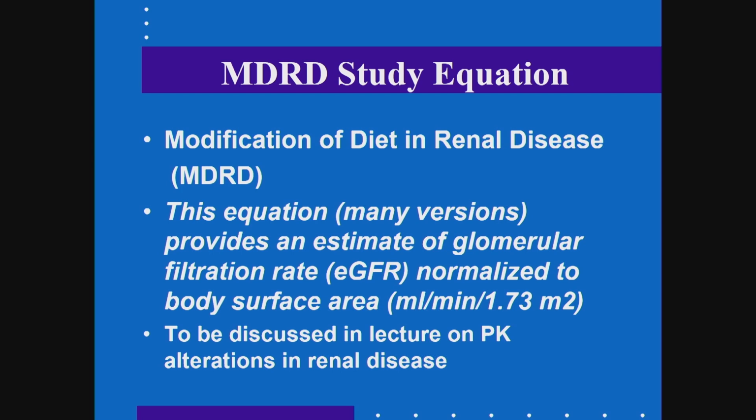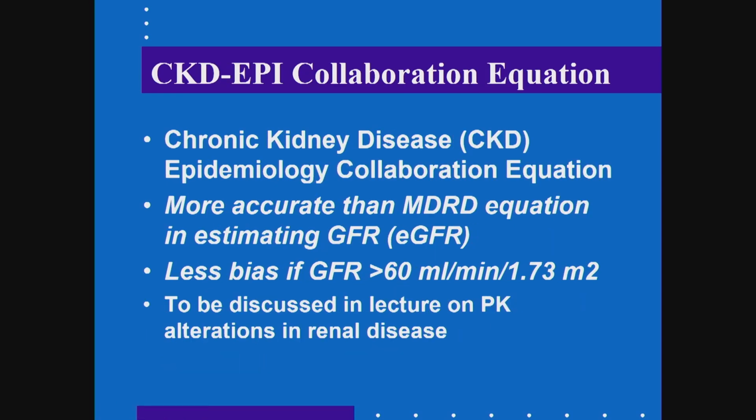Now, another approach to estimating renal function is based on the MDRD equation, many versions, that actually estimate the glomerular filtration rate, not the creatinine clearance, but the glomerular filtration rate normalized to body surface area. Now, you're going to have more discussions of this equation in a lecture addressing pharmacokinetic alterations in patients with renal disease.